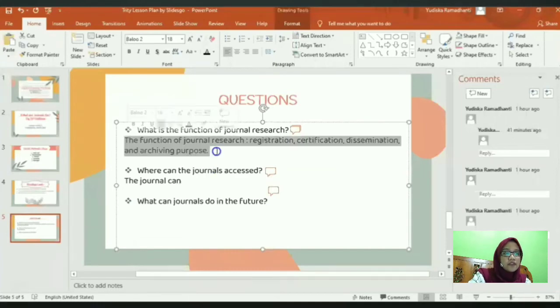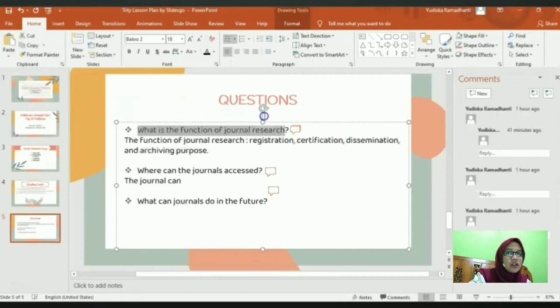So the function of journal research is for registration, certification, dissemination, and archiving purposes. For the question what is the function of journal research, here's the answer.